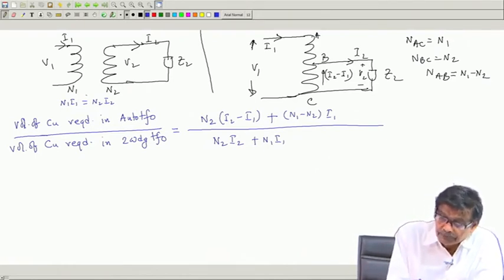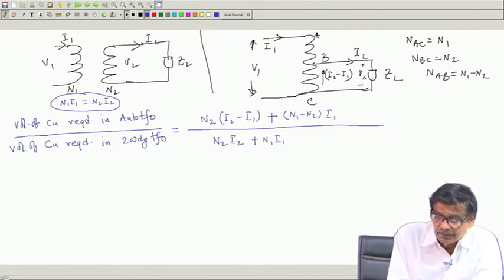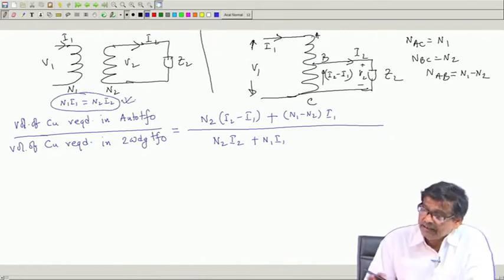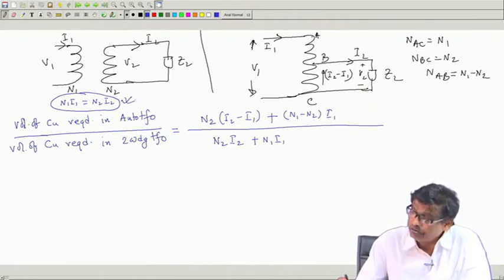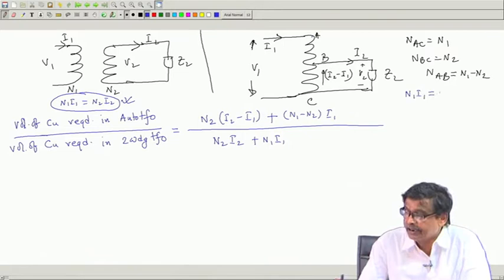But we have shown in case of a two winding transformer, this is already known. In case of auto transformer also, we have shown that it so happens that N1 I1 is also equal to N2 I2.